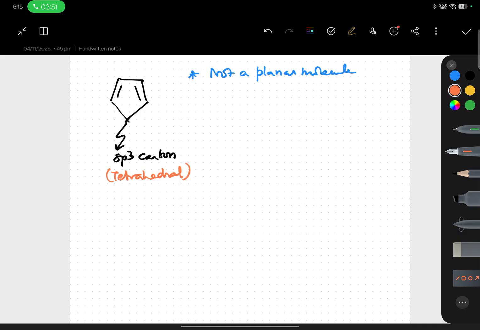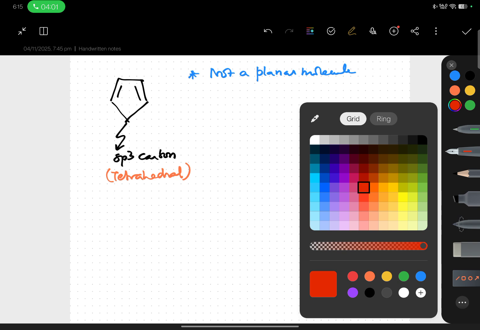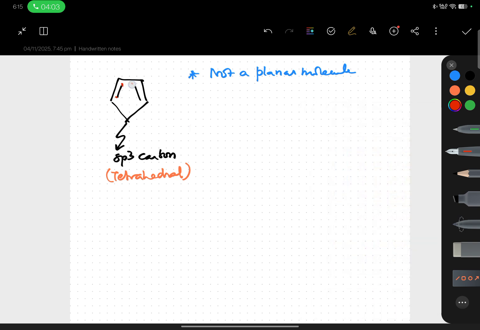So it will not be planar, but in your book they have mentioned planar. That itself is wrong. Second thing, you just calculate the number of electrons. 1, 2, 3, 4. So it is 4 electrons. So it doesn't obey Huckel's 4n plus 2 pi electron rule.